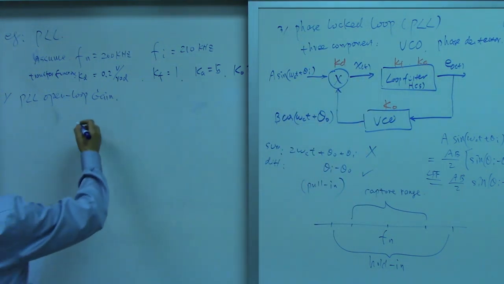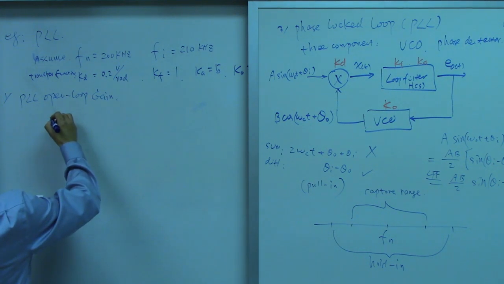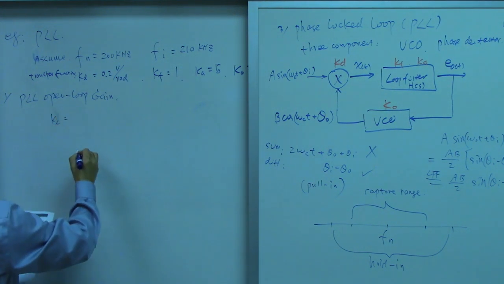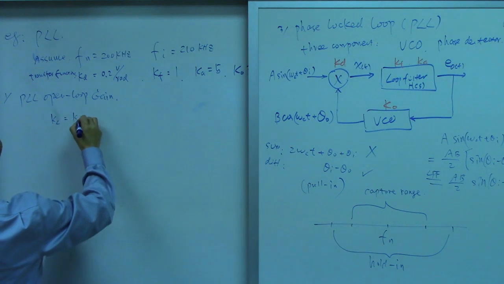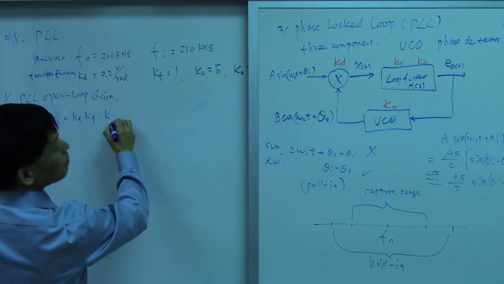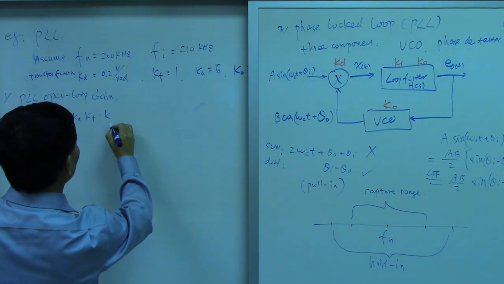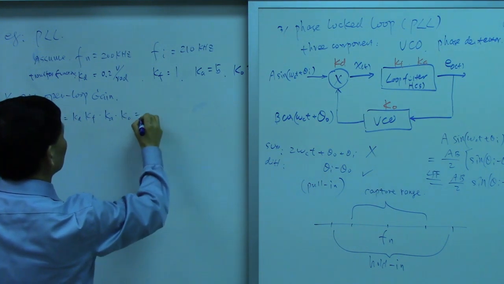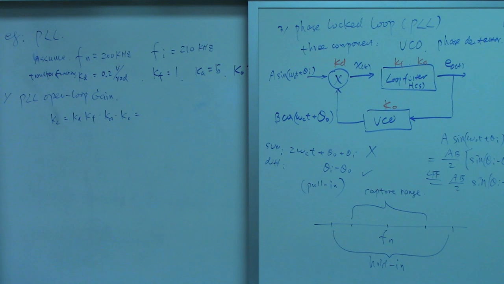So we write KL equals KD times KF times KA times K0, all the gains multiplied together.